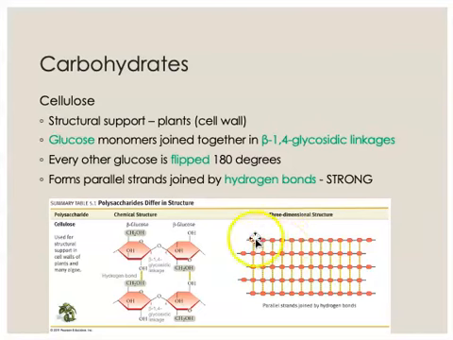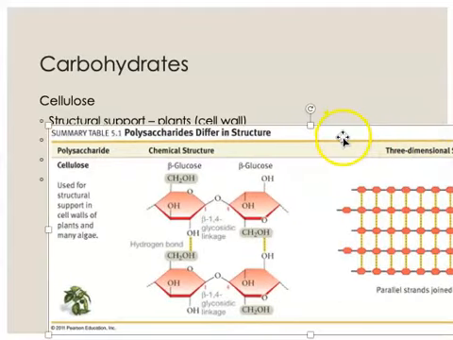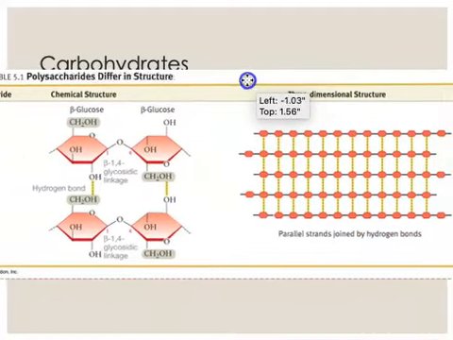Instead, they lie rather flat. And that's because within the strand, every other glucose molecule is flipped 180 degrees. By doing that, it causes the long chain of glucose to lie more flat and not get into that helical formation.